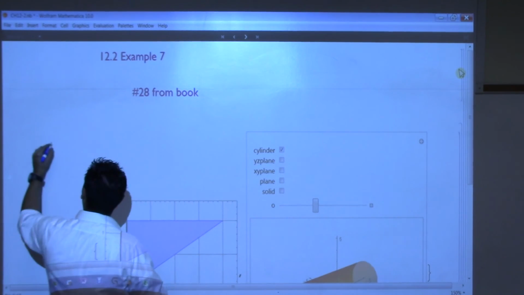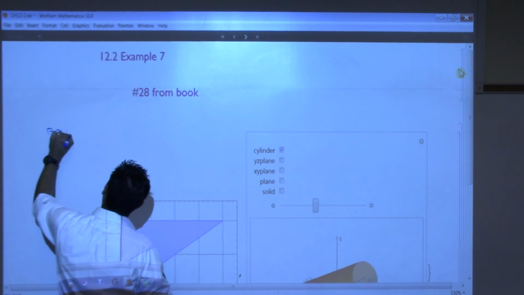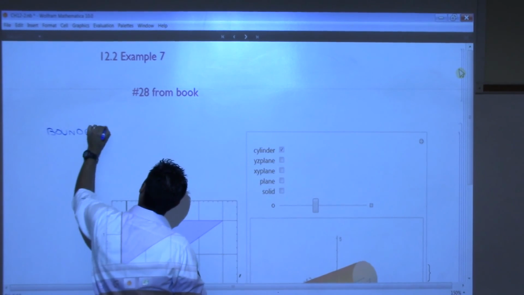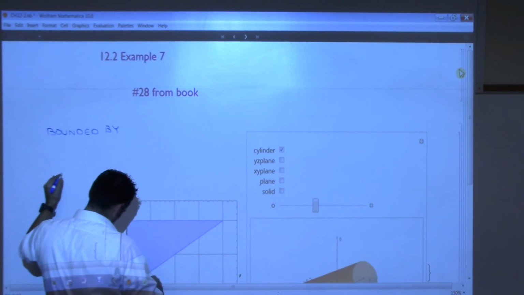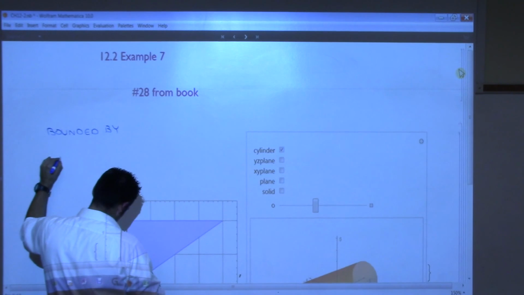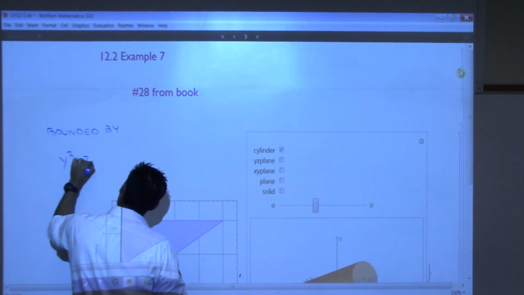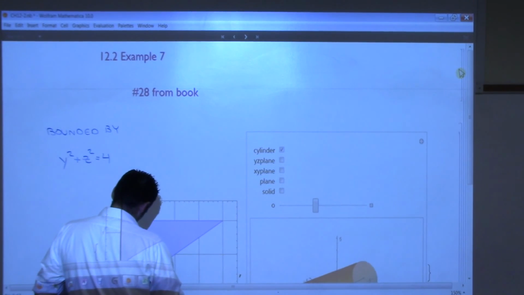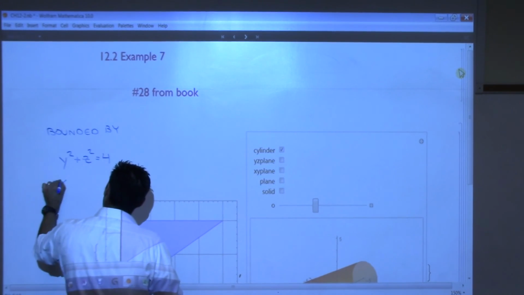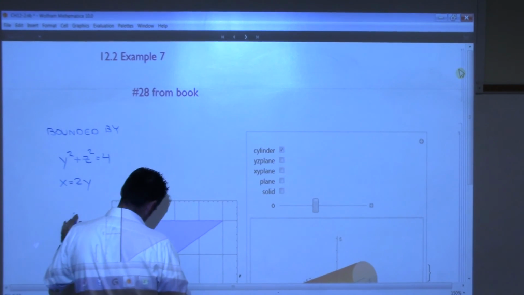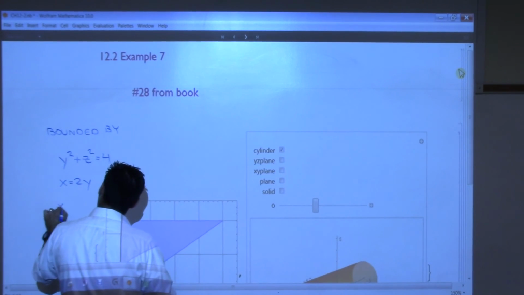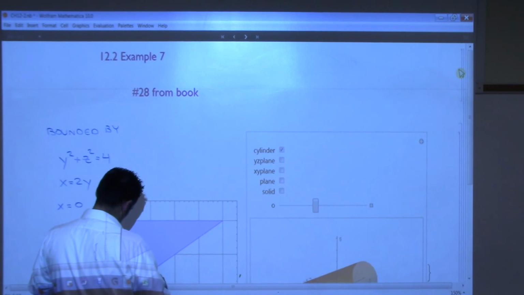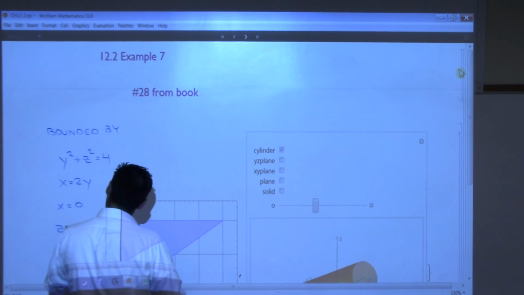It's bounded by y squared plus z squared equals 4. X equals 2y. X equals 0. Z equals 0.